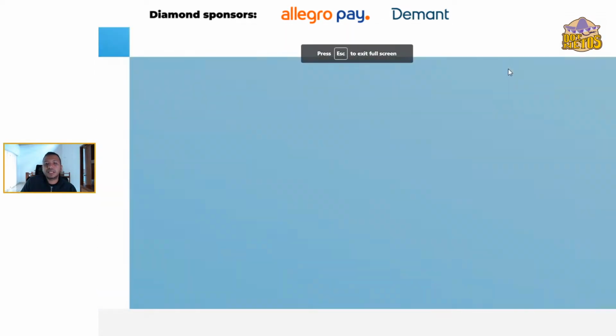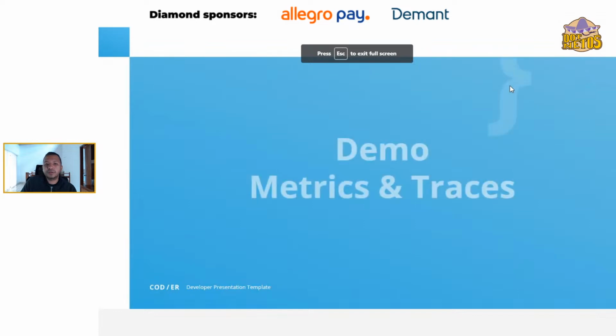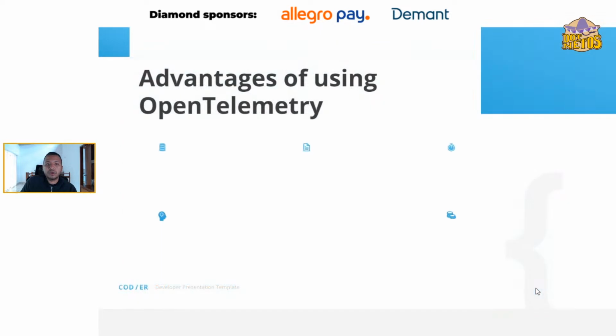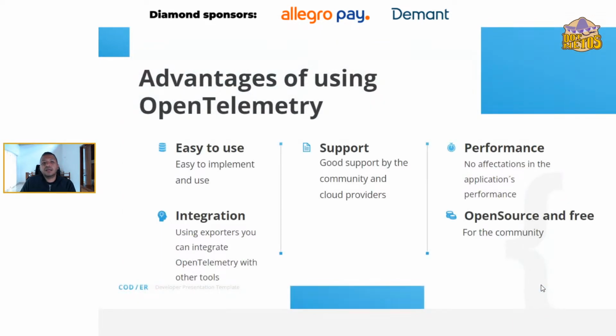So let's go back to the slides and continue with the talk. So advantages of using OpenTelemetry, some advantages that we can highlight at this moment. Easy to use. We saw that we only need to include a specific NuGet, a specific library in our project, and the configuration is very simple as well.